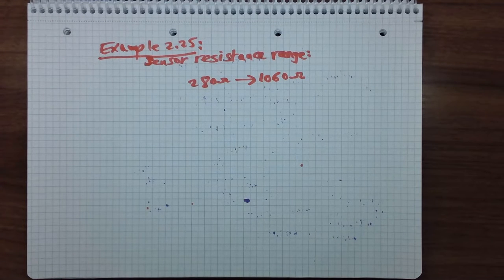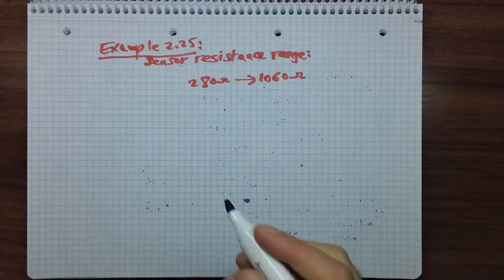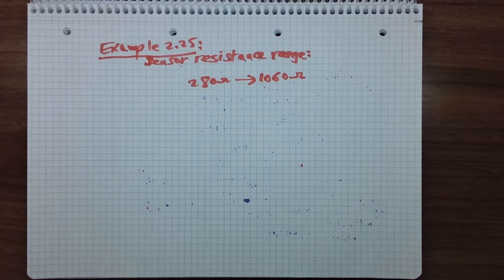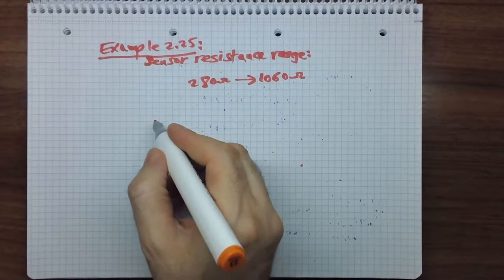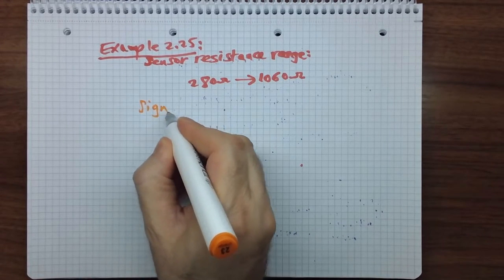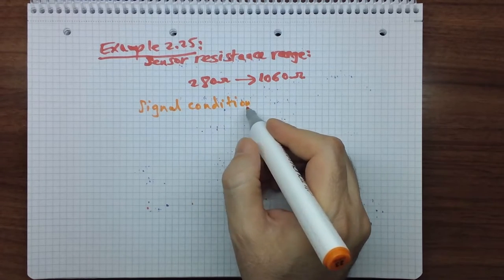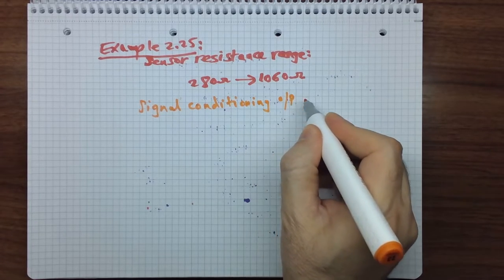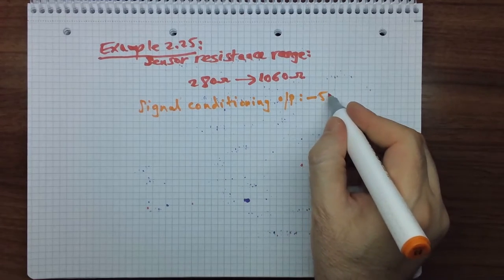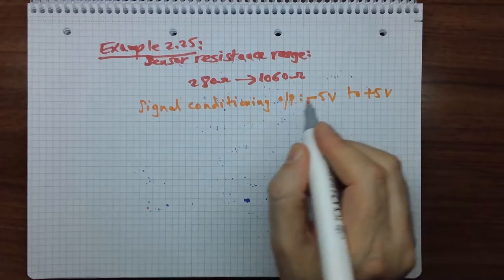The signal conditioning circuit has an output, this is the sensor, the signal conditioning output is from -5 volt to +5 volt.